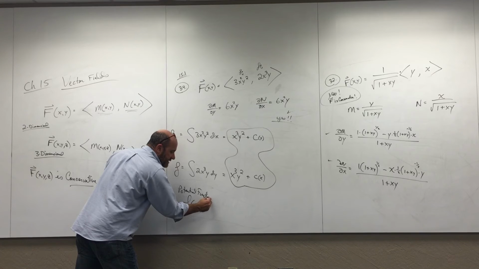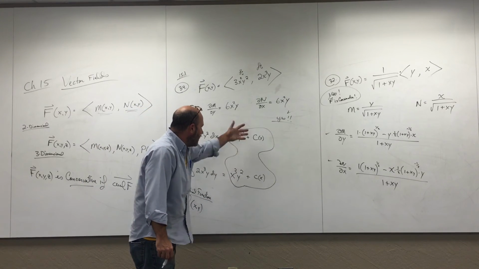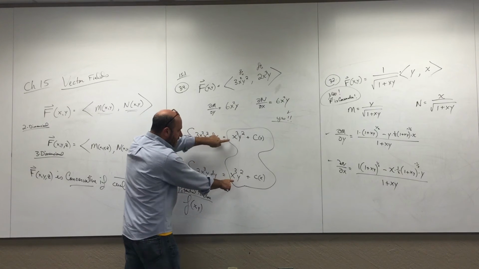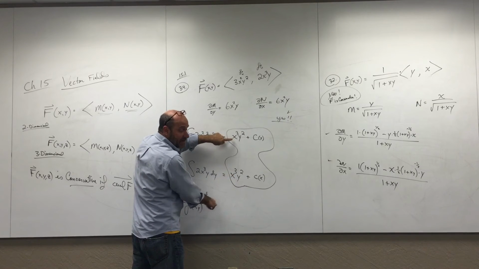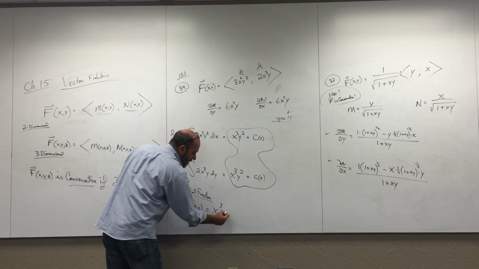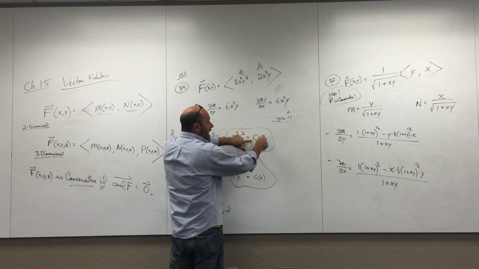This is not the best example, but sometimes you have to figure out what you need here. Look, if this is f and this is f, they have this in common. I think that should be in my final answer, this x cubed y squared. But this says that this could have some constants that have y's in them.